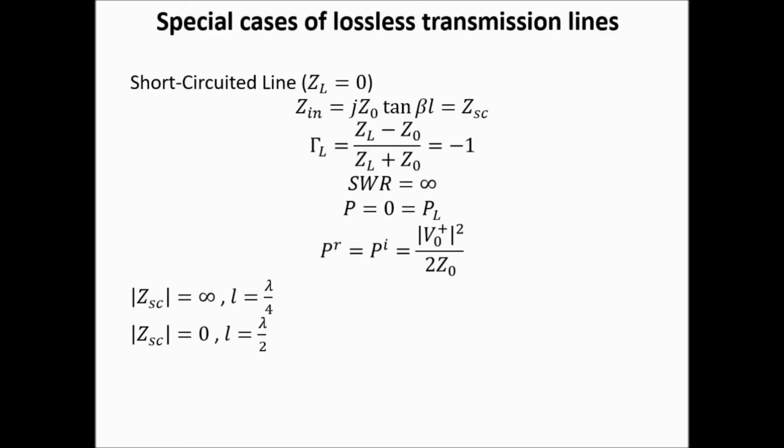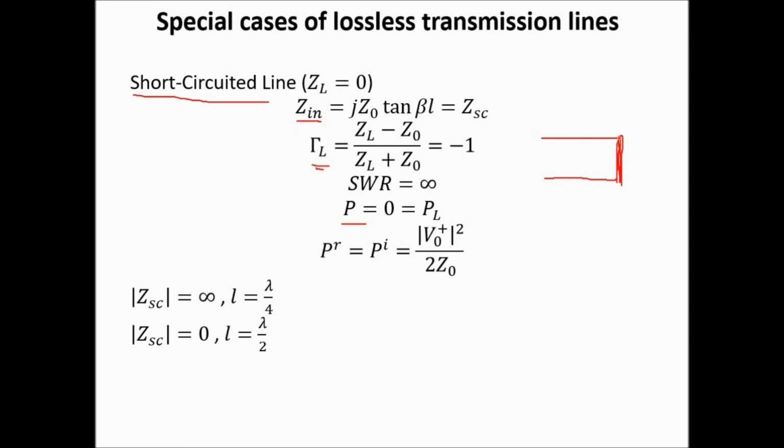And now we can think about some special cases for a lossless transmission line. For example, if you take a short-circuited transmission line, what will happen? We'll think about the input impedance, and also the reflection and power. So let's say we have a transmission line here and we shorted it.